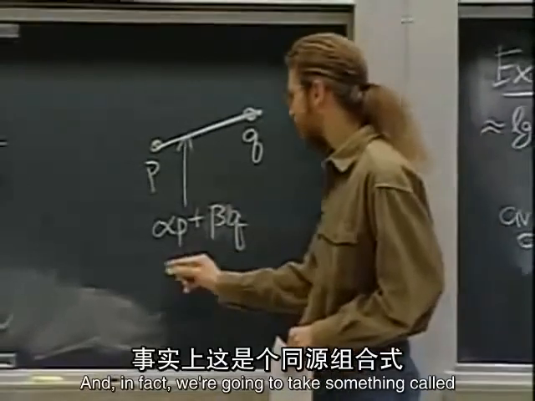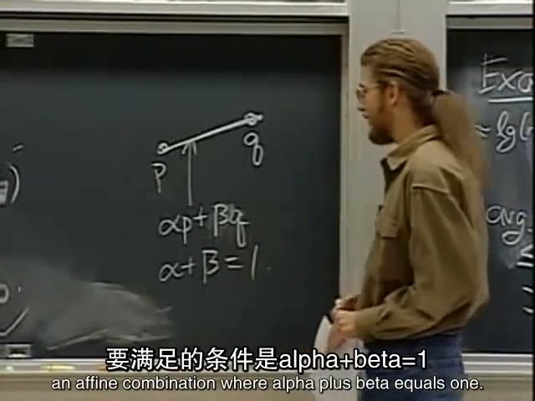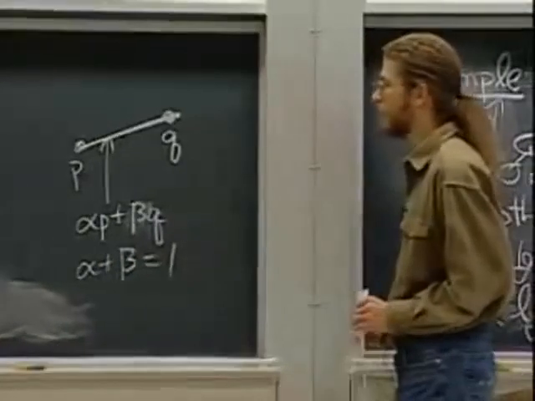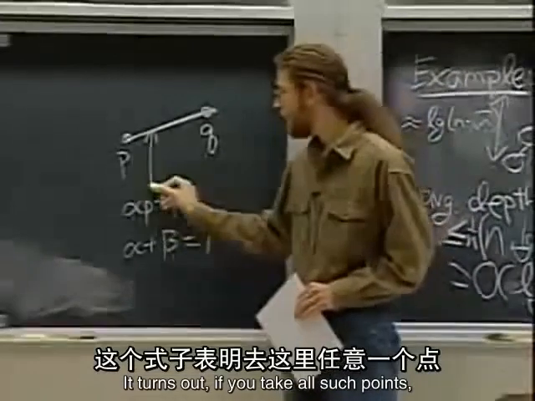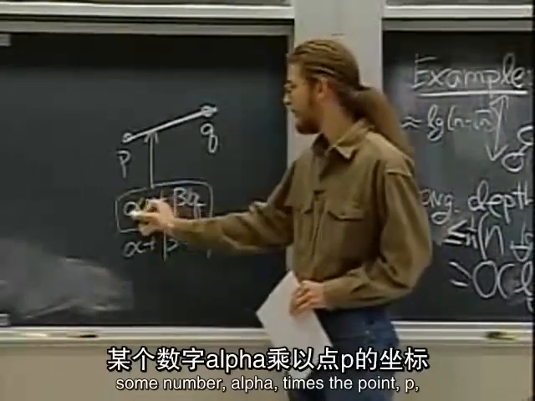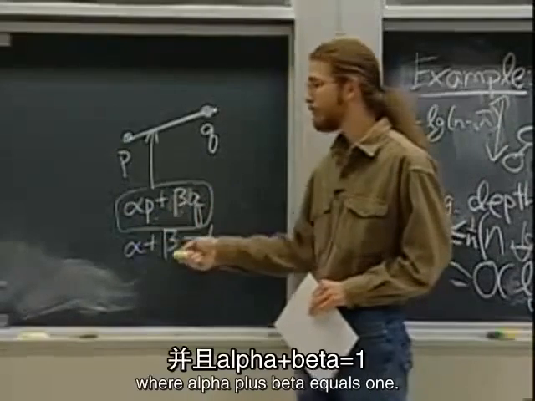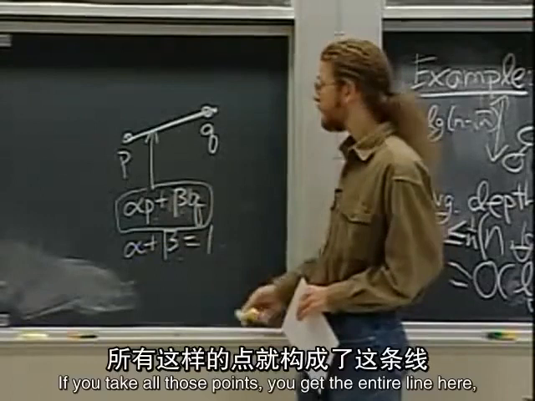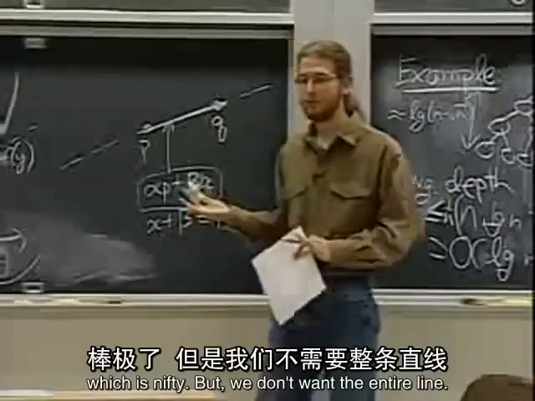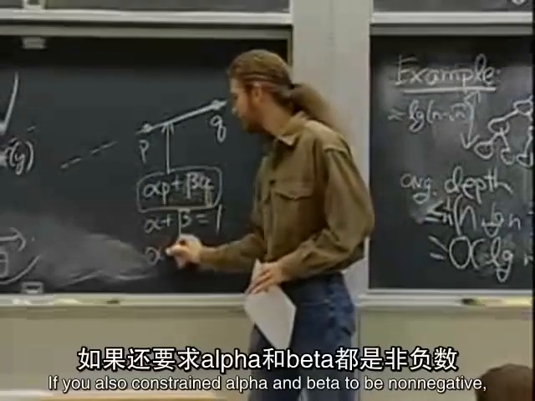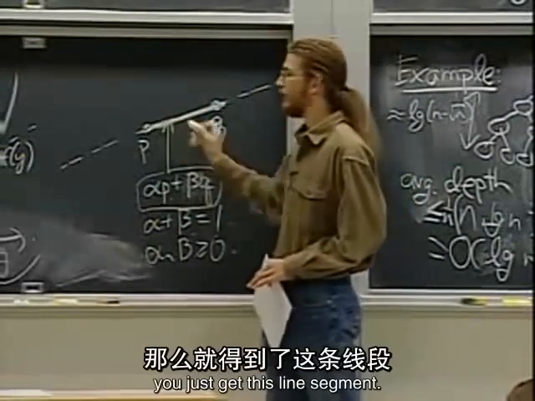In fact, we're going to take something called an affine combination, where alpha plus beta equals 1. If you take all such points, some number alpha times the point P plus some number beta times the point Q, where alpha plus beta equals 1, you get the entire line here, which is nifty, but we don't want the entire line. If you also constrain alpha and beta to be non-negative, you just get this line segment.